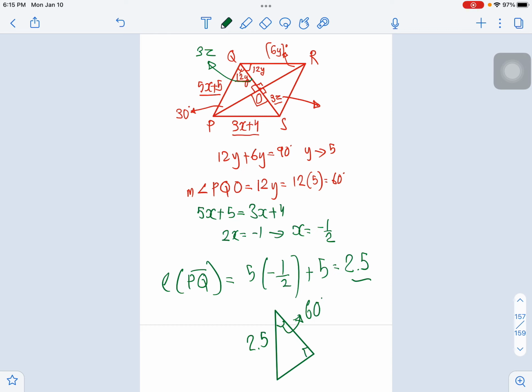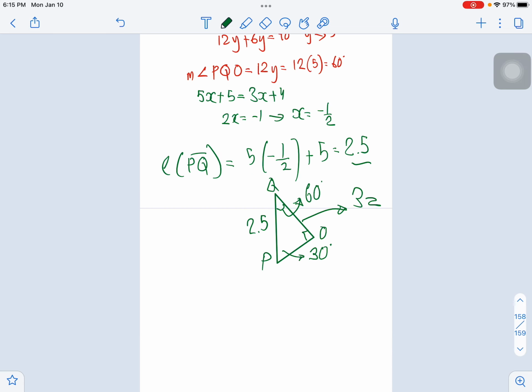This is a 30, 60, 90 triangle. This angle is 30. This is P, this is O, this is Q, right? QO is 3z.